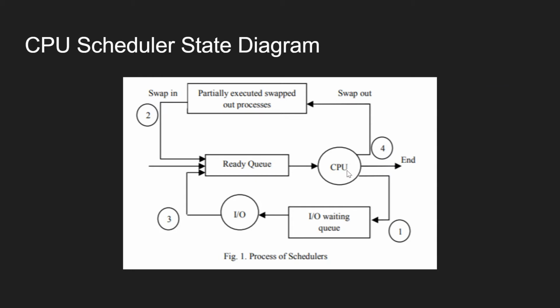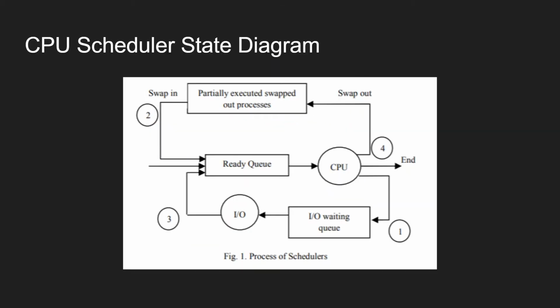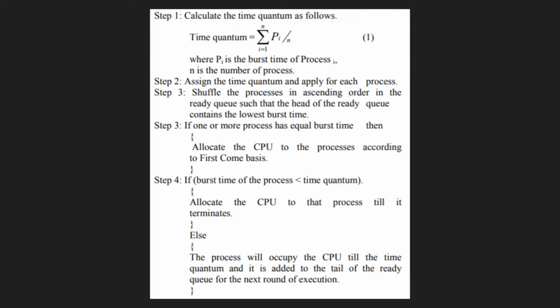And then it either ends, it gets swapped out, or it goes to the I/O waiting queue. And that's just a brief overview of this state diagram here. It's generally how scheduling occurs within an operating system.